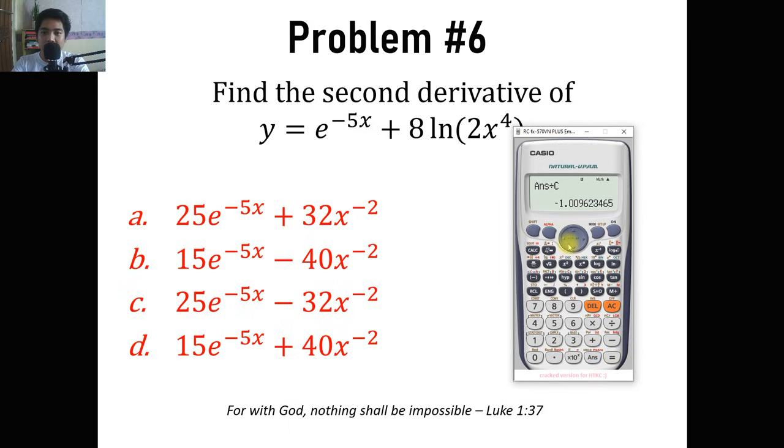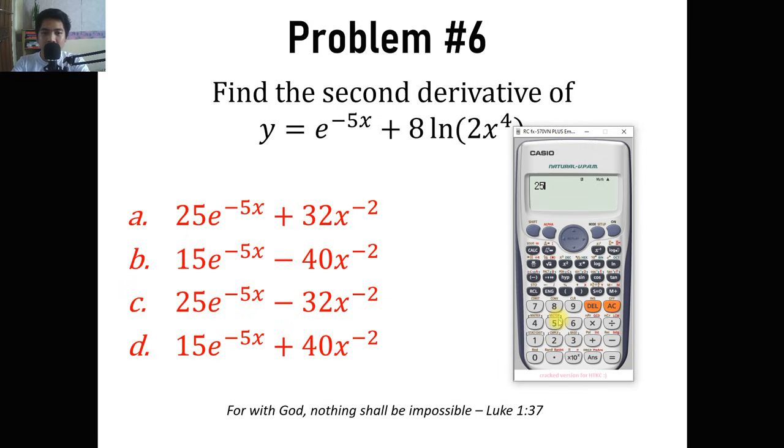So that's negative 1, that's not equal to 1. So we have letter B, 15e raised to negative 5x minus 40x raised to negative 2. Solve it and compare it with our answer. 1.2, still not the correct answer.